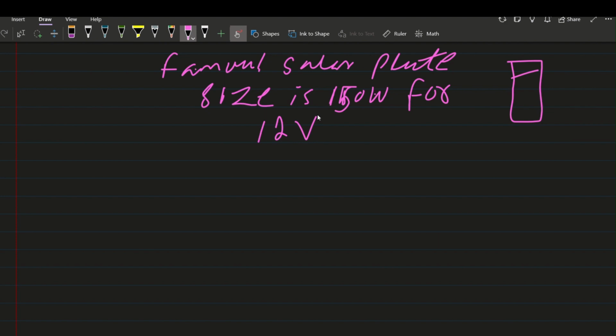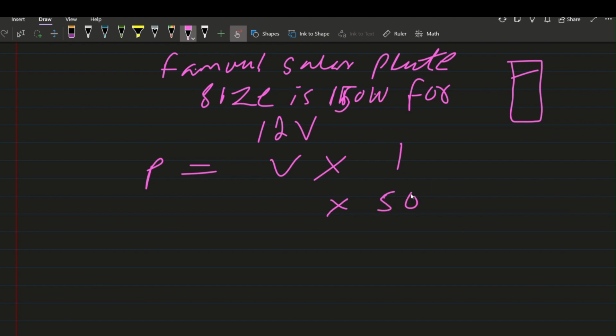The power will also be the same. The power formula is P is equal to V multiplied by I. For example, the total solar current was 50.